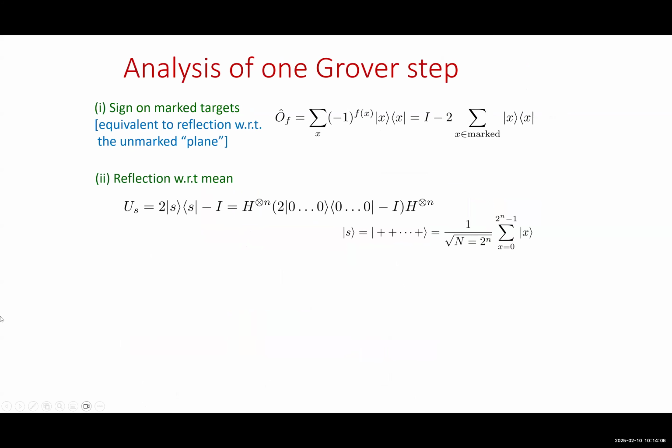But the interpretation is really this: the reflection is really just 2 times the projection onto S minus identity.